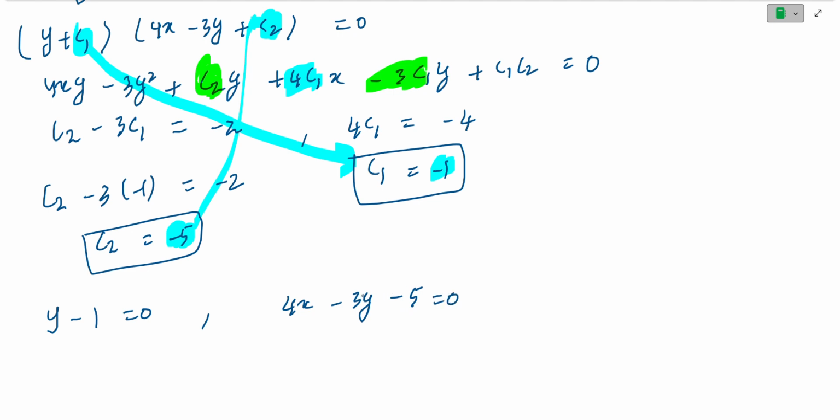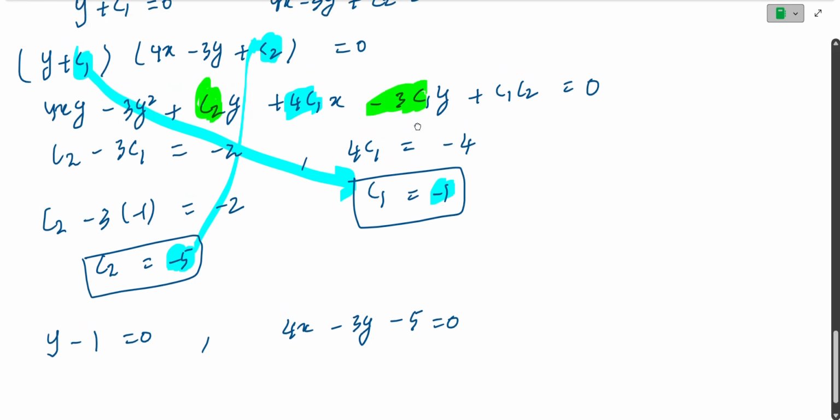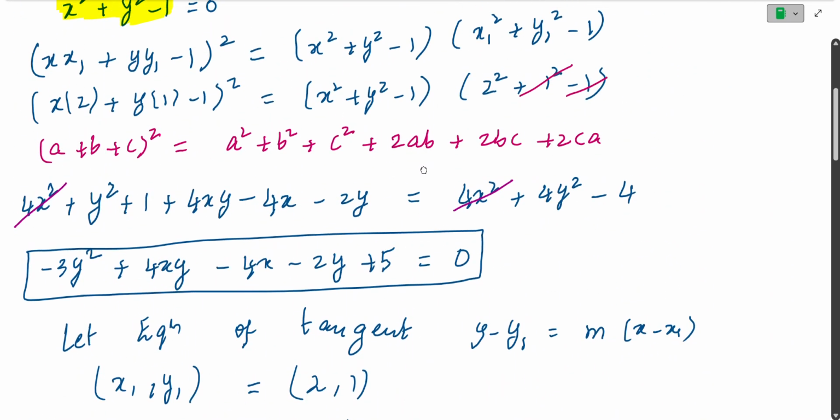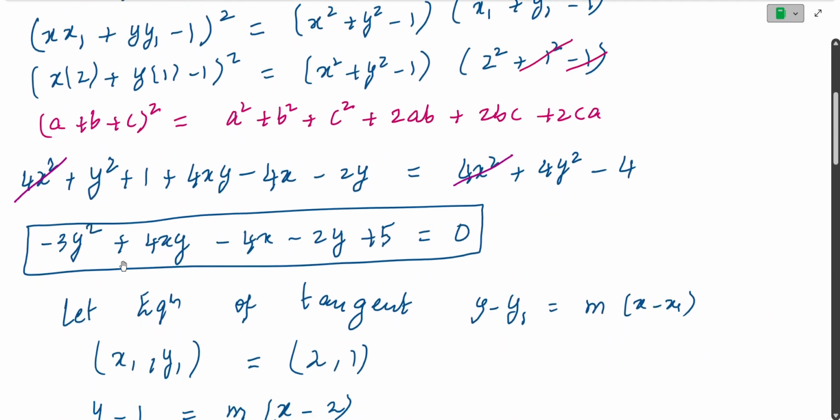So what I'm trying to say here is, if you use the formula S1 square is equal to S into S11, we get the pair of tangents equation.